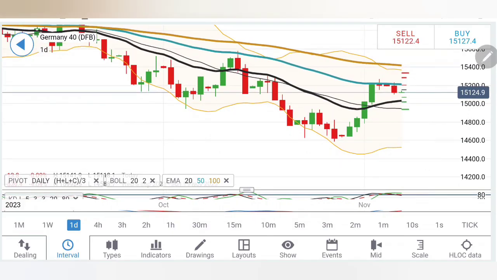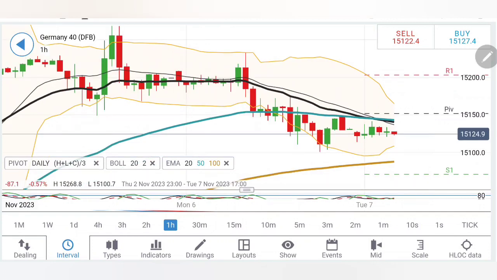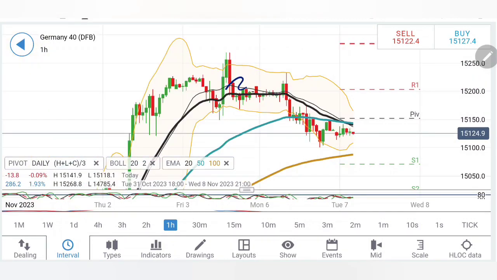Let's start with DAX first. On the hourly charts, first of all, look at the formation. Higher highs were achieved, then a retracement, and after the retracement a sharper drop, and it is still trading in this bearish channel. The bottom of this channel is at around 15,070, 15,050 levels.